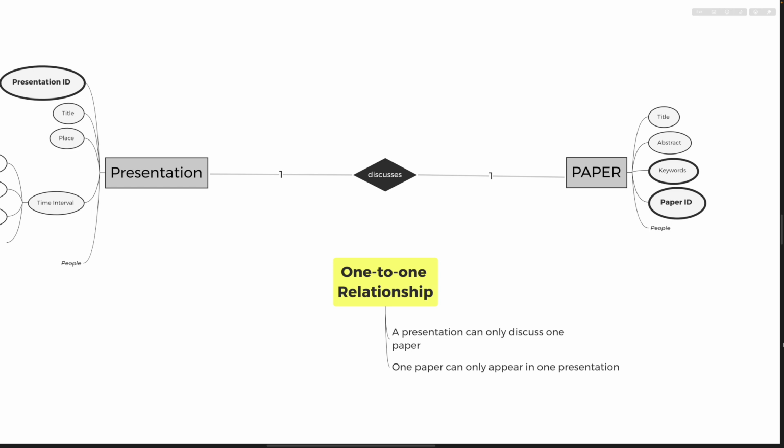Now, in this case, I have to note that in the graph, a presentation discusses one paper, and a paper is discussed during one presentation. That's how I declare that this is a one-to-one relationship.